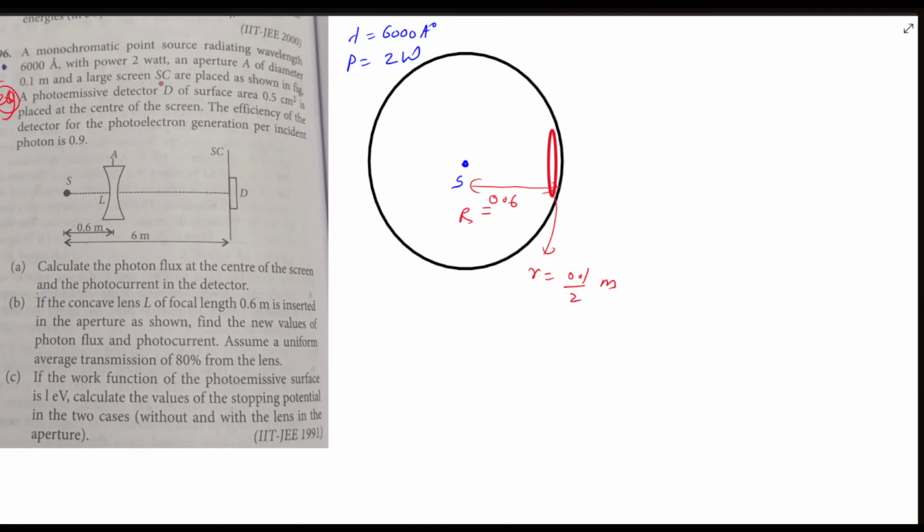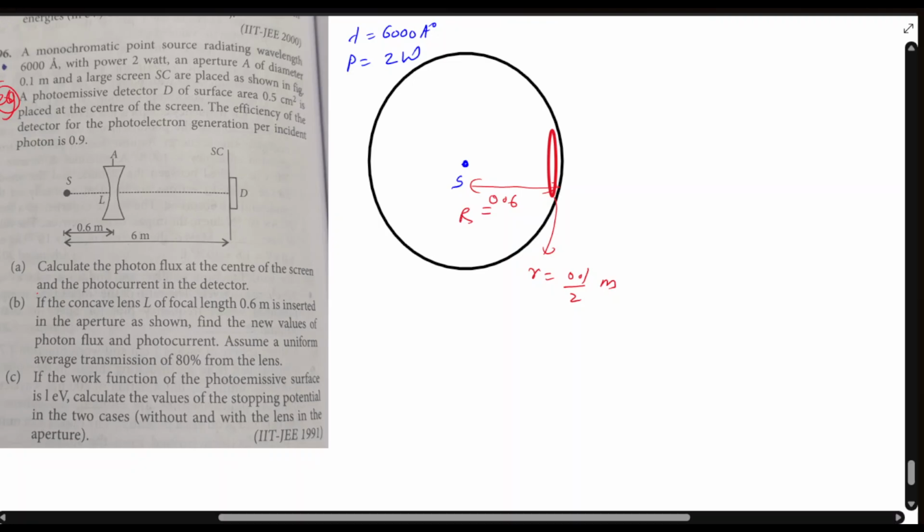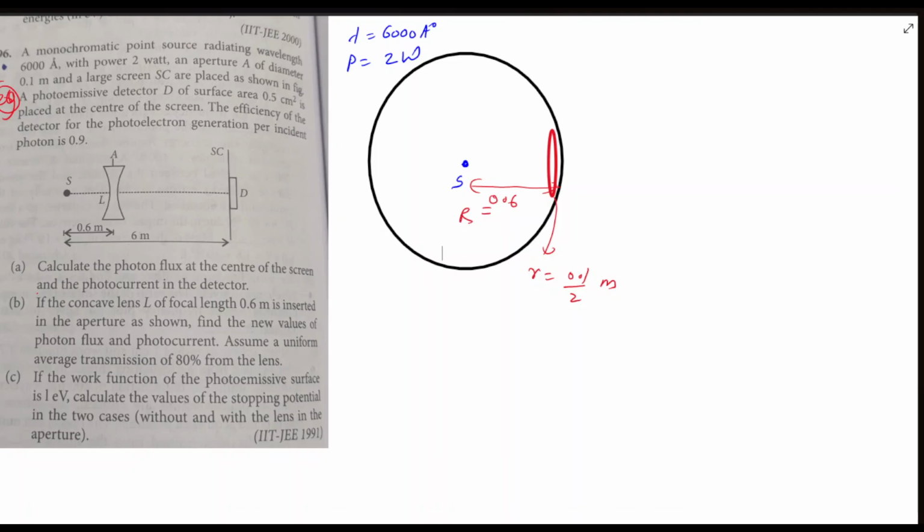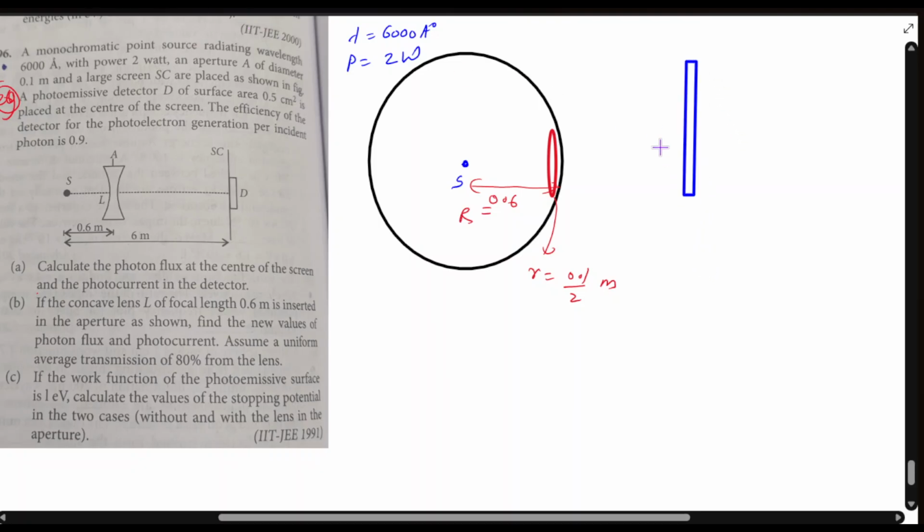On the larger side, we have a screen. Let me make it in blue and rotate it.